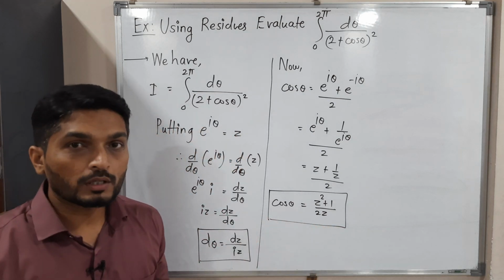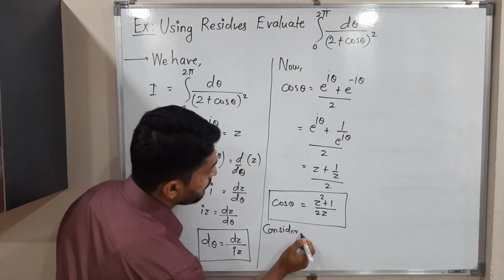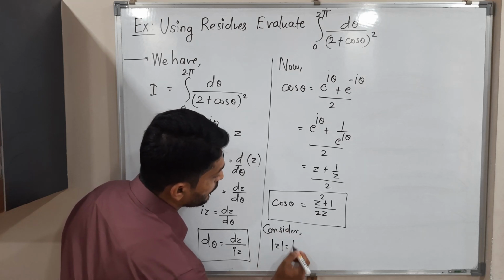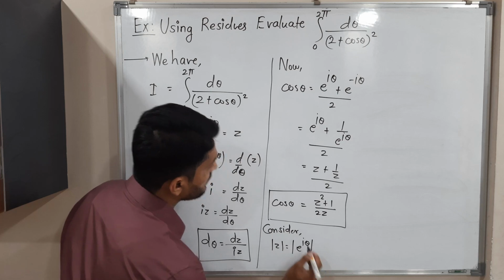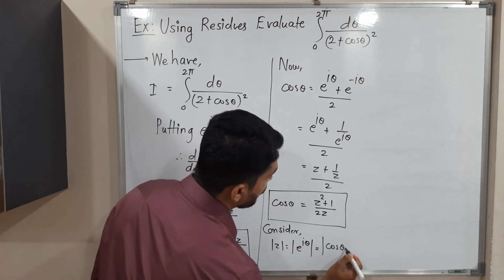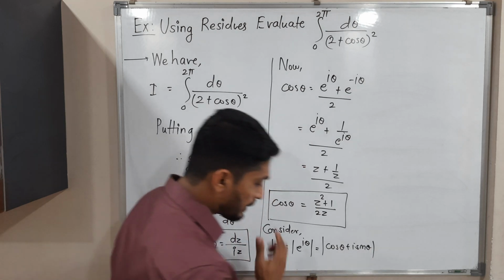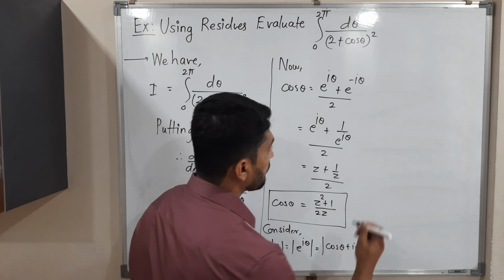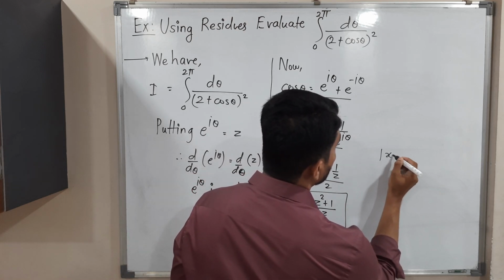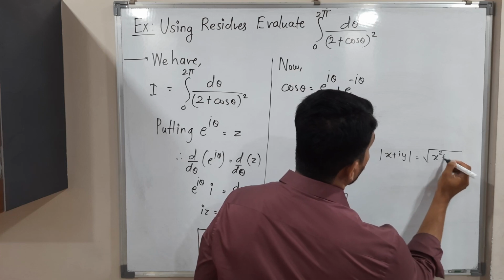Let us talk about the curve now. Consider, I am going to find mod z. The value of z is e raised to i theta. e raised to i theta means cos theta plus i sin theta. Tell me, are you familiar with this formula? Mod of x plus iy, the formula is root x square plus y square.